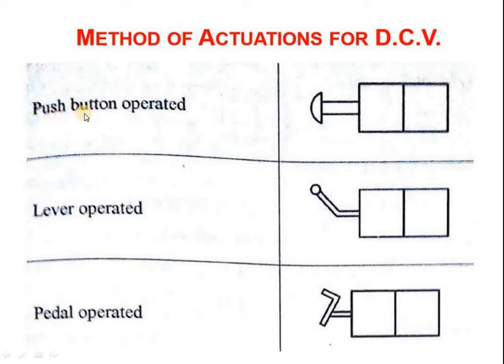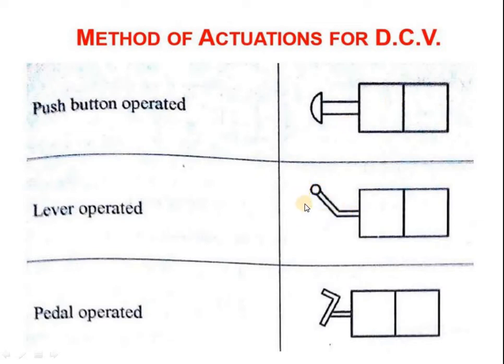The first one is the push button type of actuation. This is the symbolic representation of manual or push button actuation of the DC valve, so the operating person can push this button and change the position of the valve. The second one is lever operated.